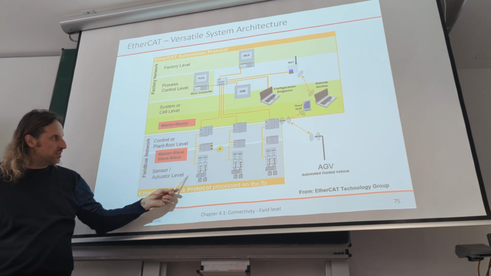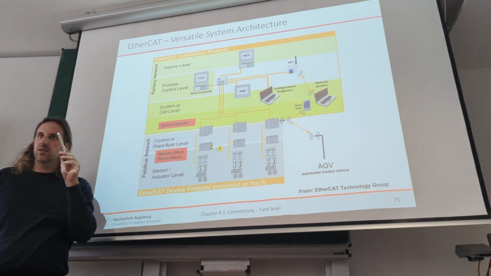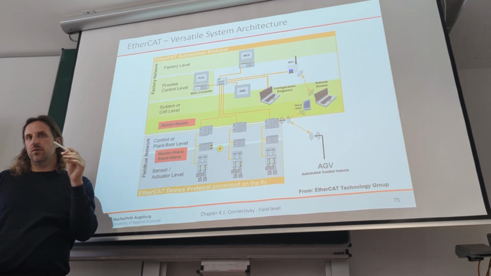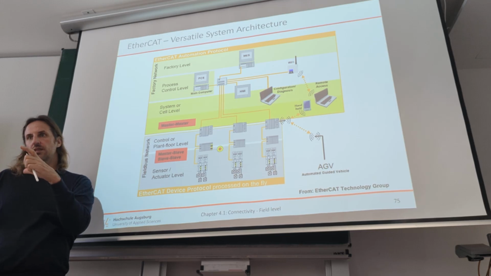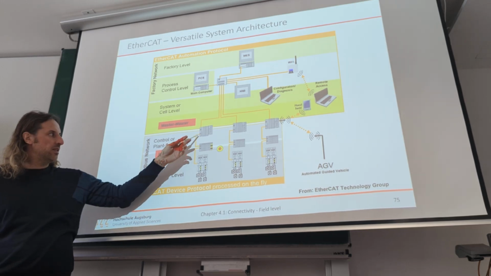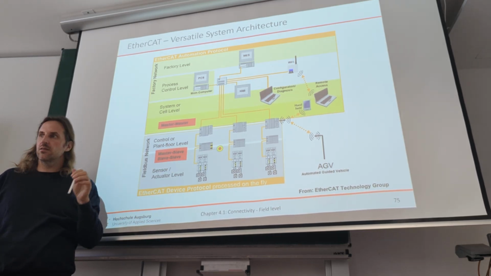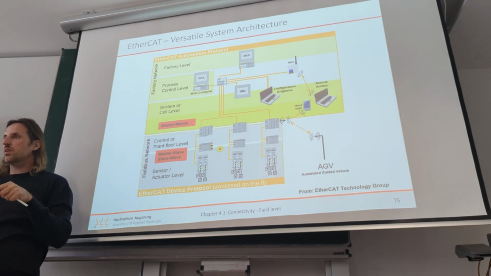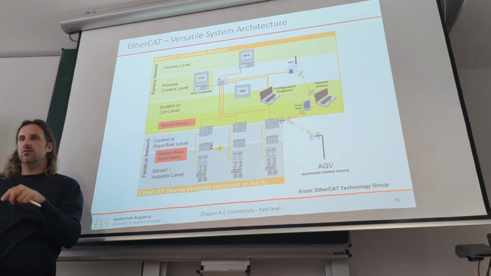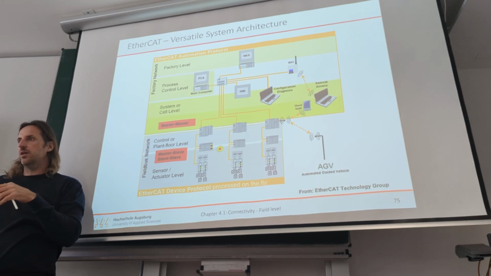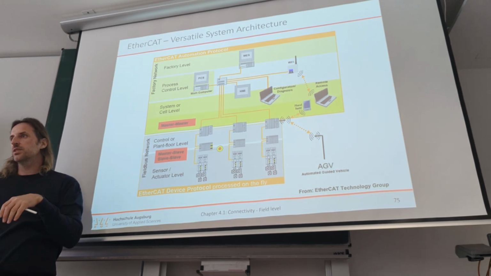And down here in this level we have this ring, and what they do with sending out the data is that the data is never stopped at any device. It's like you have a railway and you have stations, and the people hop on and off the train while the train just passes through.